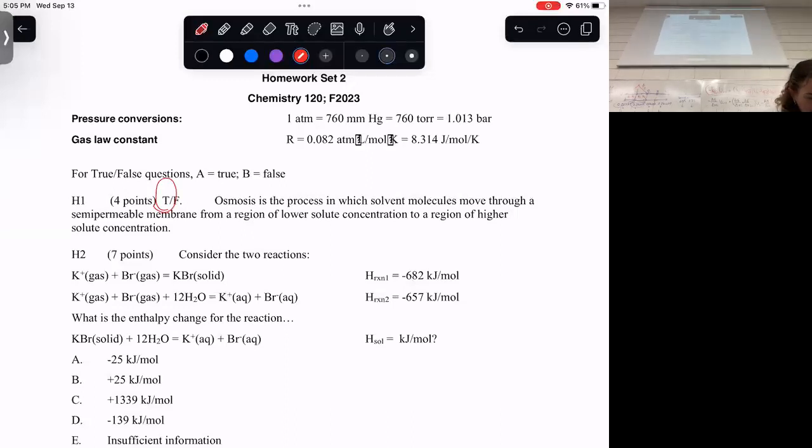What is happening is we have a container like this where we have the membrane in between them, right? We have a high concentration on this side and a lower concentration on this side. In order to balance out those concentrations, the water will flow to the higher concentration in order to dilute it.